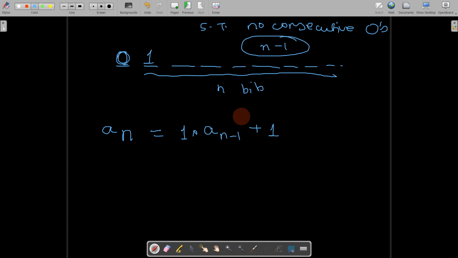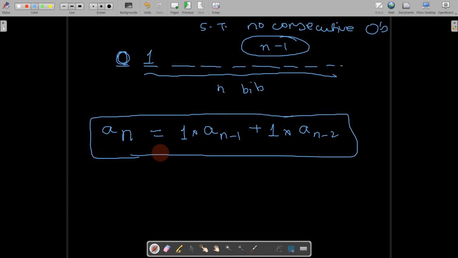We will append 0 and 1 to all such n minus 2 bit sized strings. So this is also an example of the Fibonacci series recurrence relation.